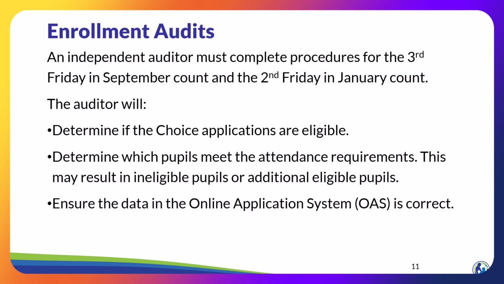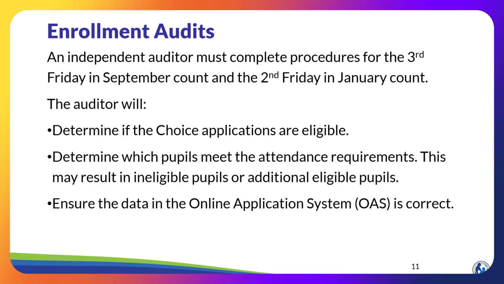An independent auditor must also complete procedures for the pupil counts as of the third Friday in September and the second Friday in January. The third Friday in September enrollment audit must be submitted to DPI by December 15th.